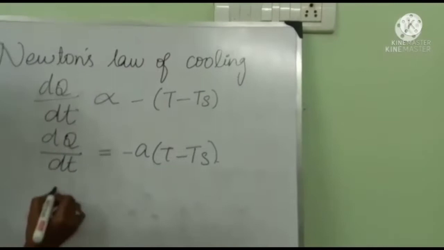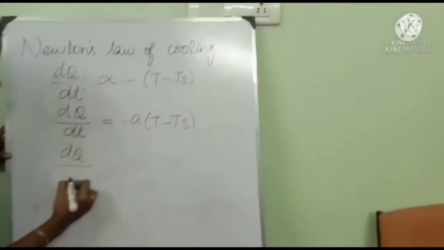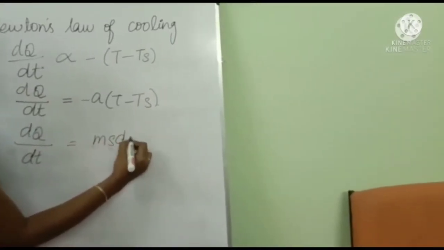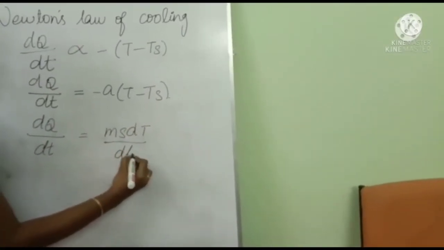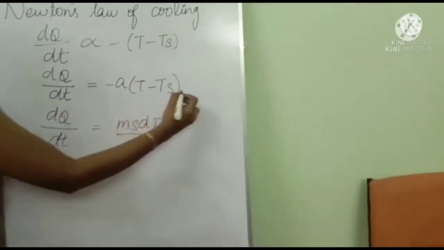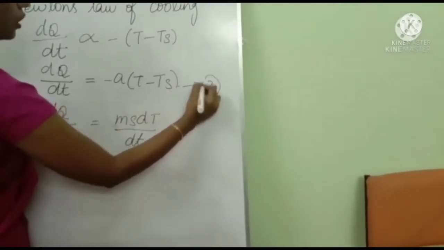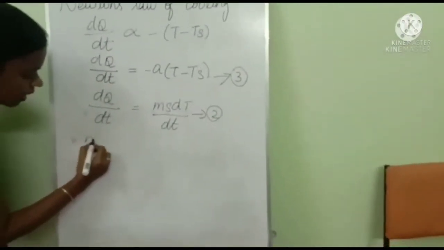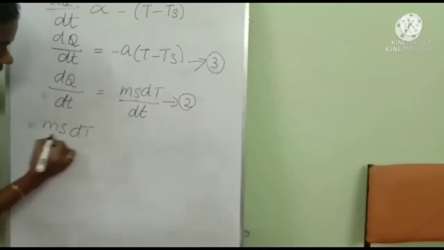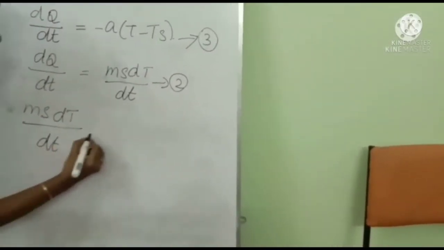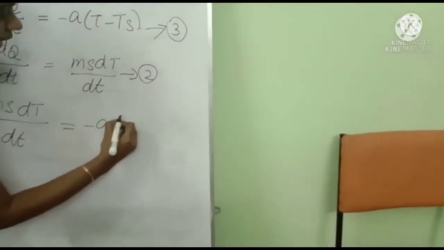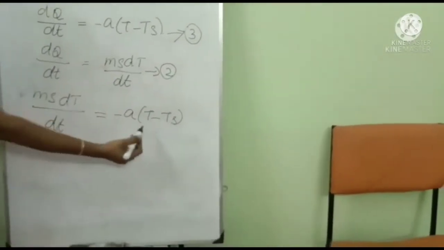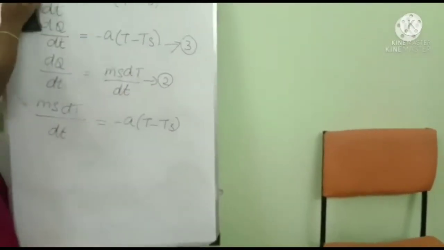Now, I am equating this with the specific heat expression we already obtained, that is dq by dt equal to m s dT by dt. This is equation 3 and this is equation 2. Now, equating these two, m s dT by dt equal to minus A times T minus Ts. Now, I am cross multiplying and bringing it here.